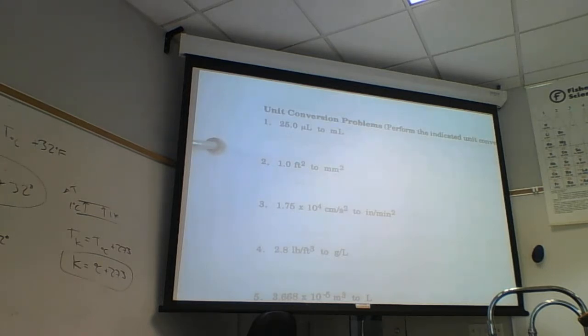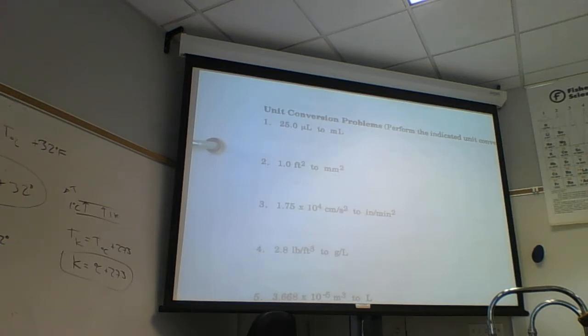Where did I come up with that? If I want to do it squared, then I have to square the entire thing. So 1 foot squared is equal to 12 inches squared, and 12 squared is 144. That's how I got it.